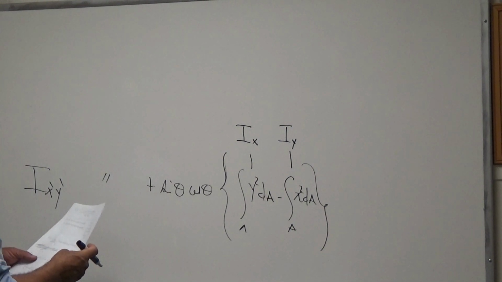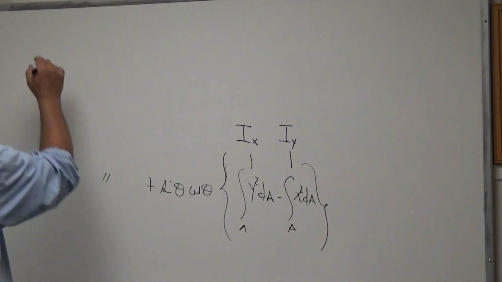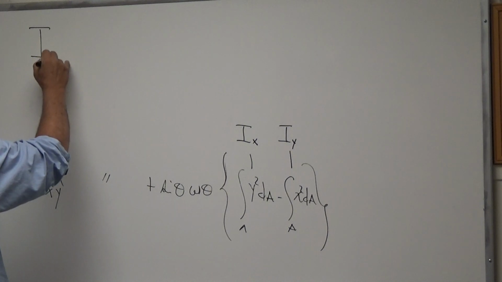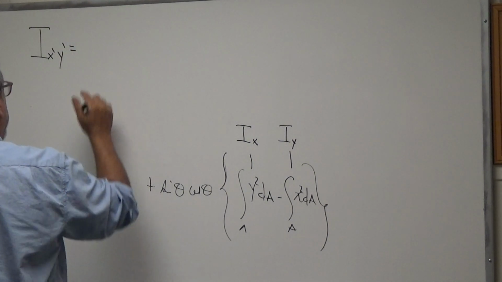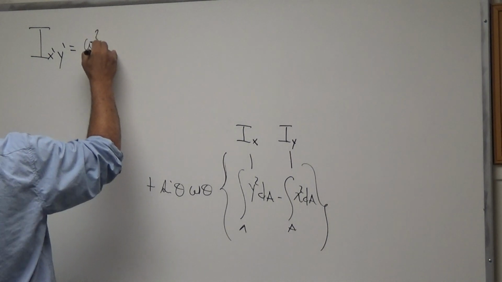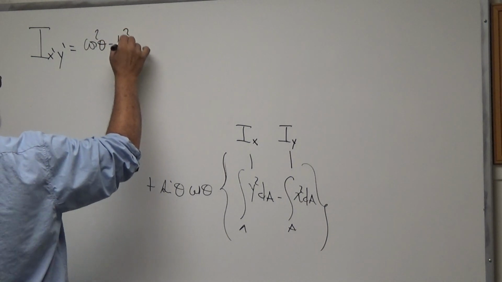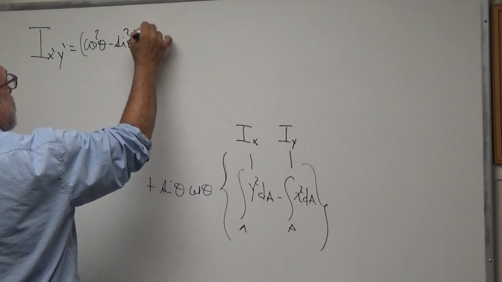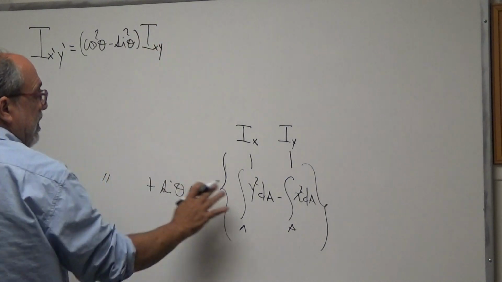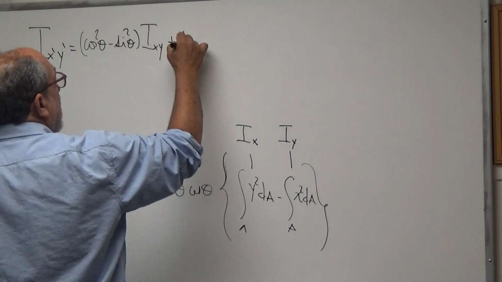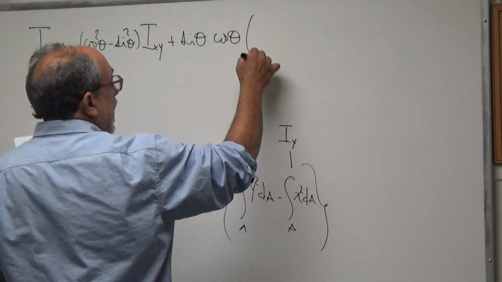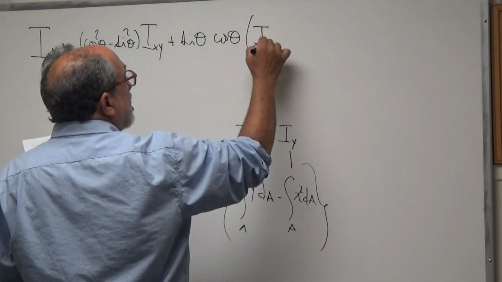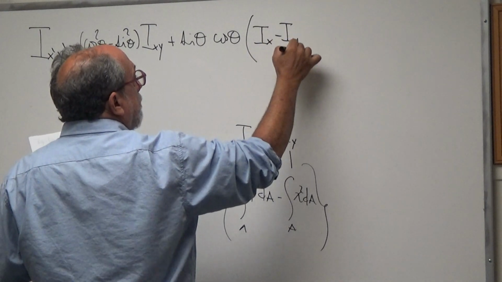Well, it doesn't matter, I got it here. So we then conclude that Ix prime y prime is equal to this part here that I had erased, which is cosine squared of theta minus sine squared of theta times Ixy. And then this is just plus sine of theta cosine of theta times Ix minus Iy.